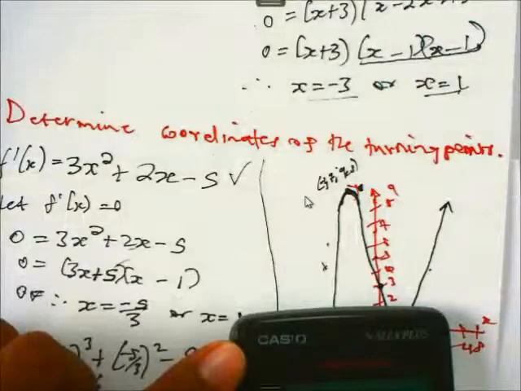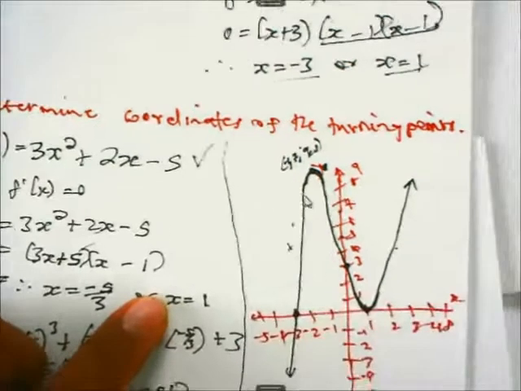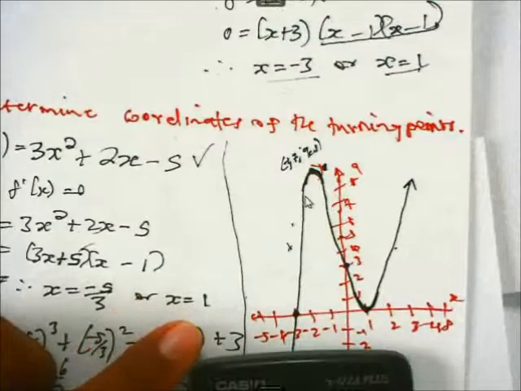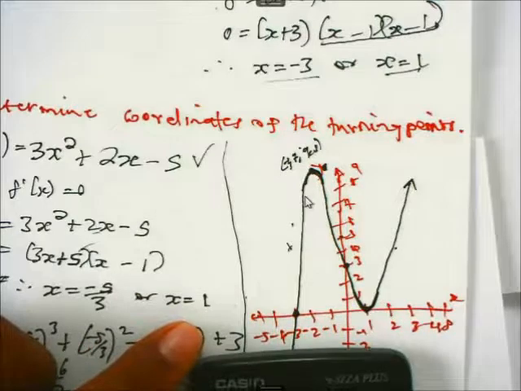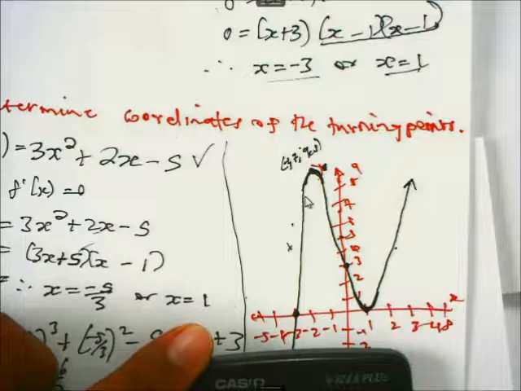Of course, that will be negative 1 divided by 3 to the exponent of 3, and then plus 1 divided by 3, no, it should be negative, to the exponent of 2, and then minus 5 times negative 1 divided by 3, and then we also have positive 3.